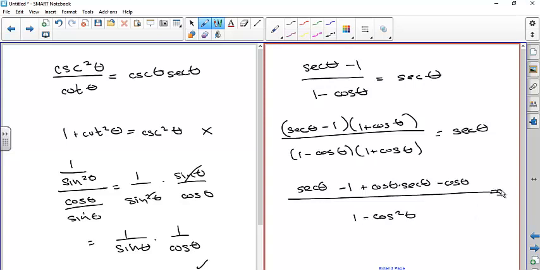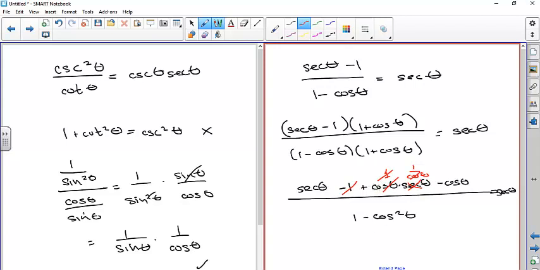Now, it may seem like it's going more complicated, but for one thing, secant is 1 over cosine. So if I replace that with 1 over cosine, and then cosine divided by cosine is 1, and then negative 1 plus 1 is 0.